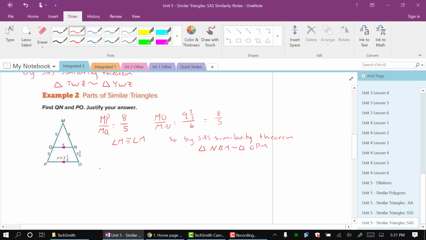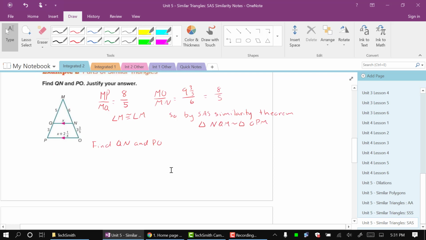Now we can find the sides, QN and PO. We have that MP corresponds to MQ, and PO corresponds to QN.